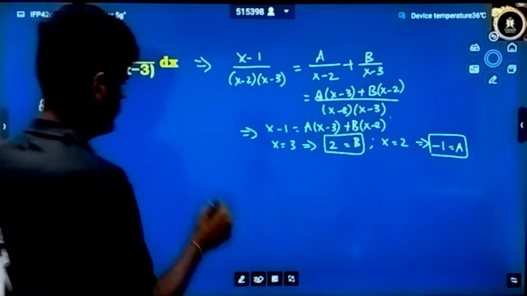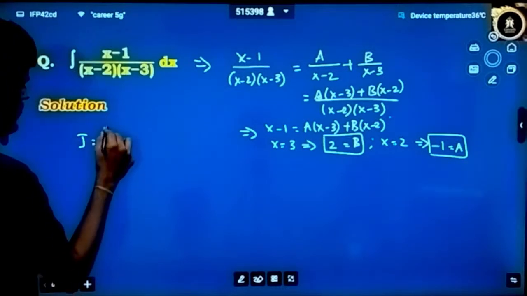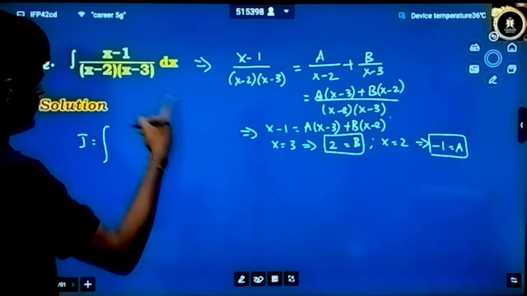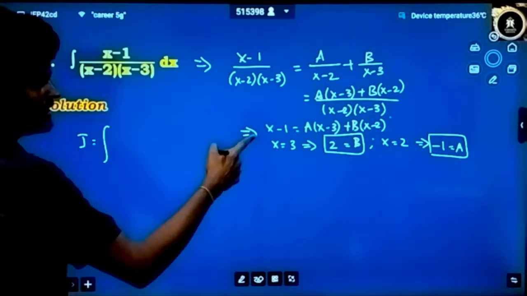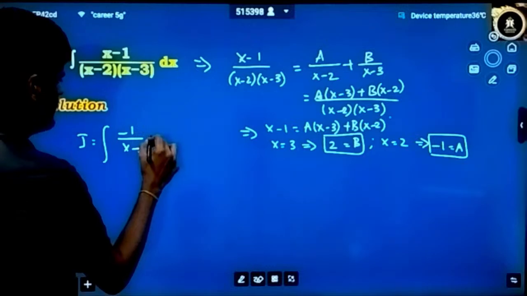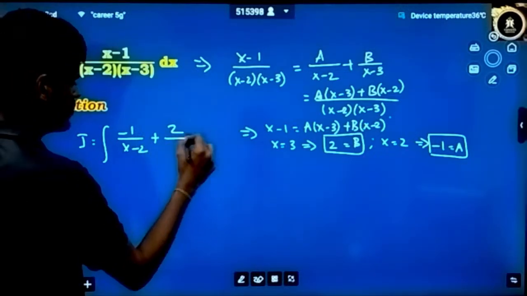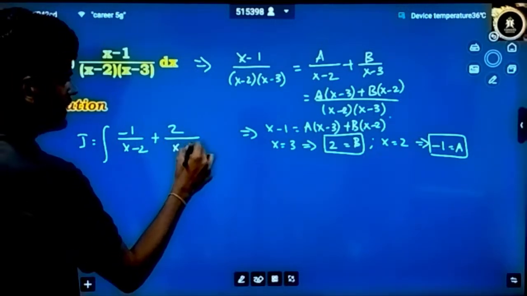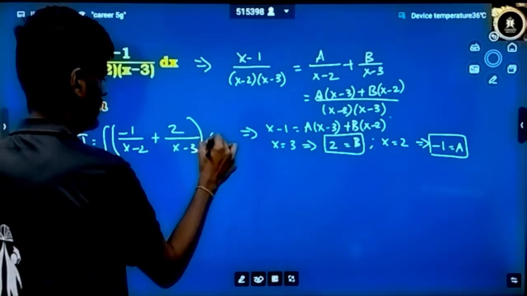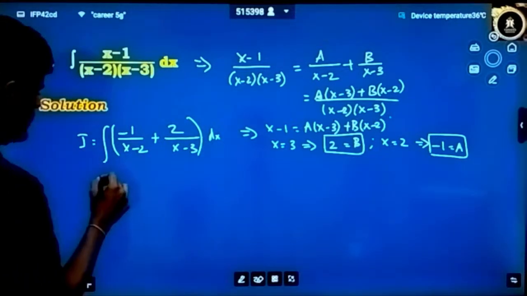So what is the integral now? Integral will become integral of a by x minus 2, that is a is minus 1 divided by x minus 2, plus 2 by x minus 3, dx. Now what is the value of the integral?